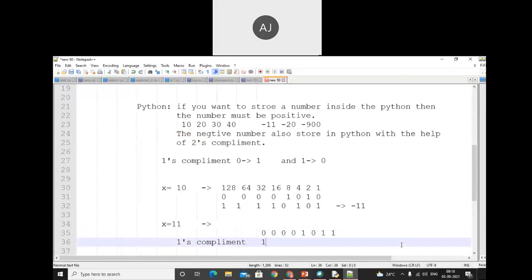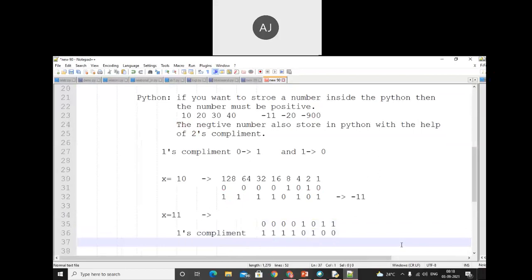Let's do one's complement. Later on we will call it two's complement.